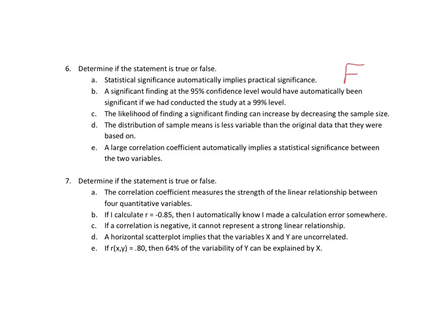B, a significant finding at 95% confidence level will be significant at 99%. This is also false. Okay? If you look at the table, or you think about it, if I have more confidence in something, then clearly I have less confidence in it. But if I have less confidence in it, there's no guarantee that I'm more confident in it. And you can see that with the t values, because as you go across the line, you'll end up seeing that the critical value of t that you have to get over gets larger and larger and larger.